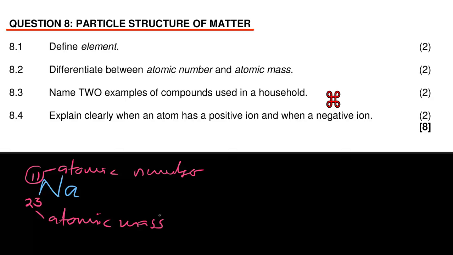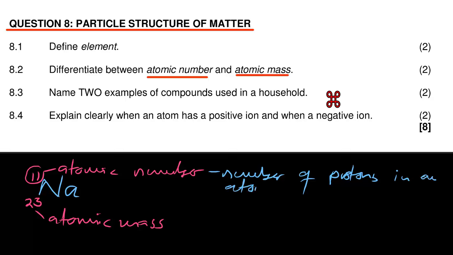That's why they say differentiate between. You have to show the difference between that and that. The atomic number is the number of protons in an atom. What is the atomic mass?